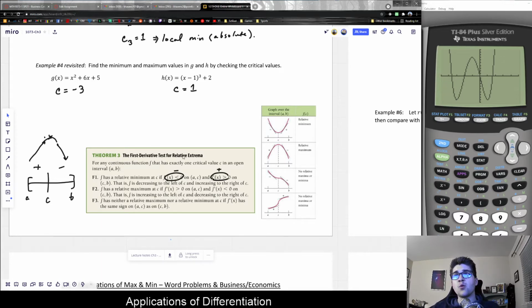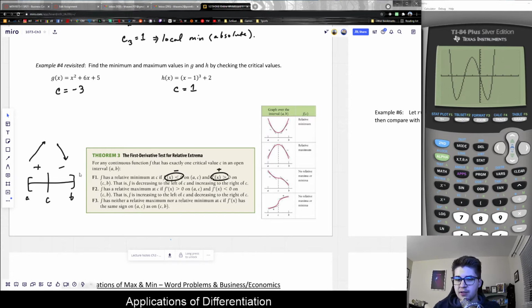And notice that this is for relative extrema. We don't know whether it will be an absolute or a local min or max, but either way, it will determine that there is a point where there's either going to be a relative or absolute minimum or maximum value. And it says f has neither a relative maximum nor a relative minimum if f prime of x has the same sign on both sides.